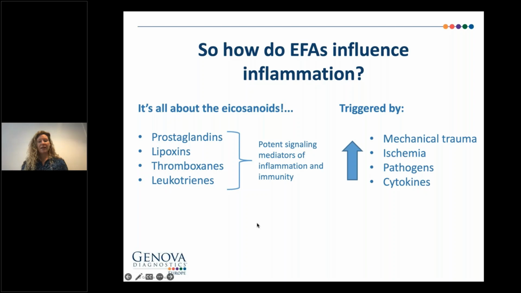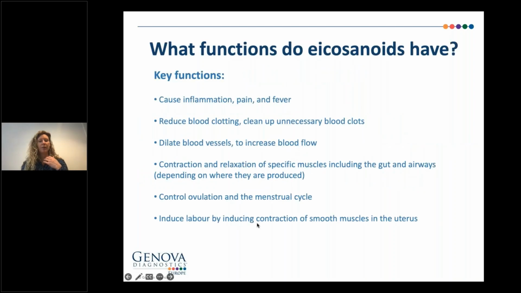And they have many different roles. Eicosanoids are essentially converted from membrane phospholipids to provide an efficient way for cells to respond to various stimuli that require a cellular response.